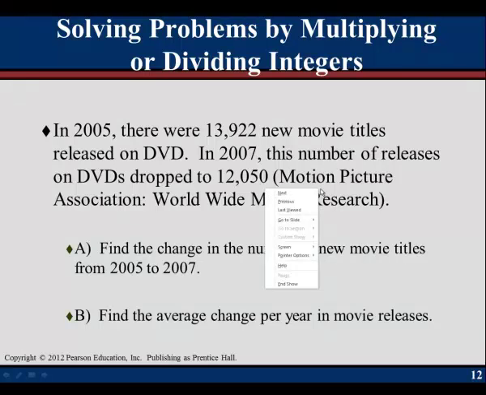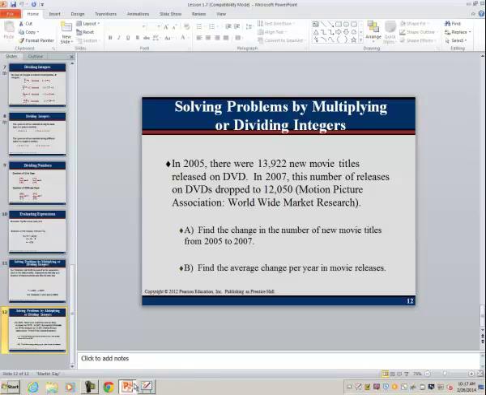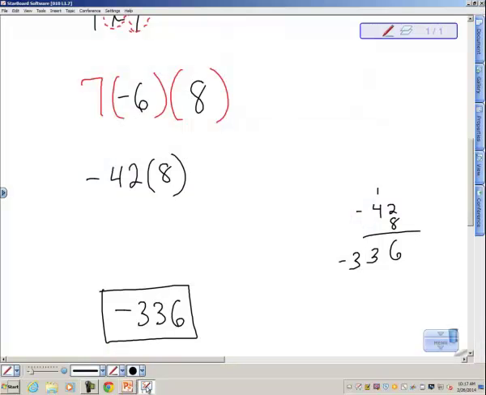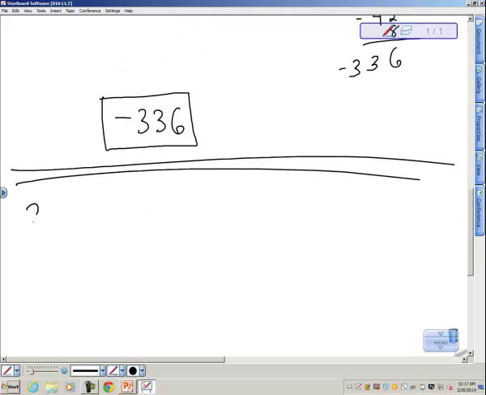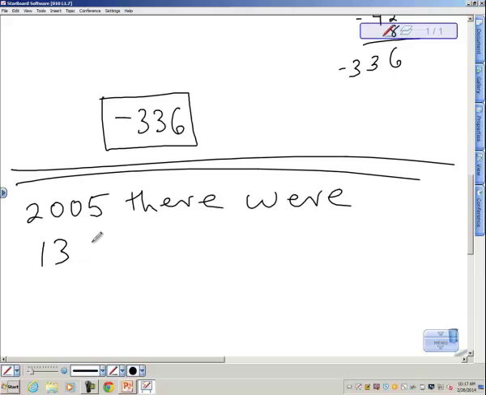Okay, so here in 2005, 13,922 new movies, or new DVDs.